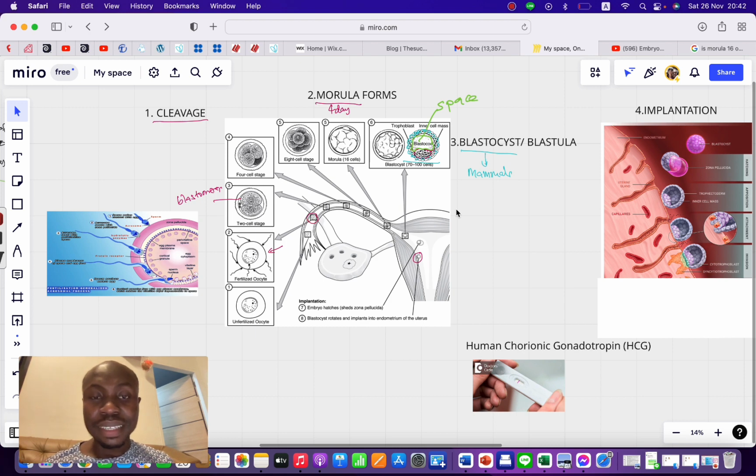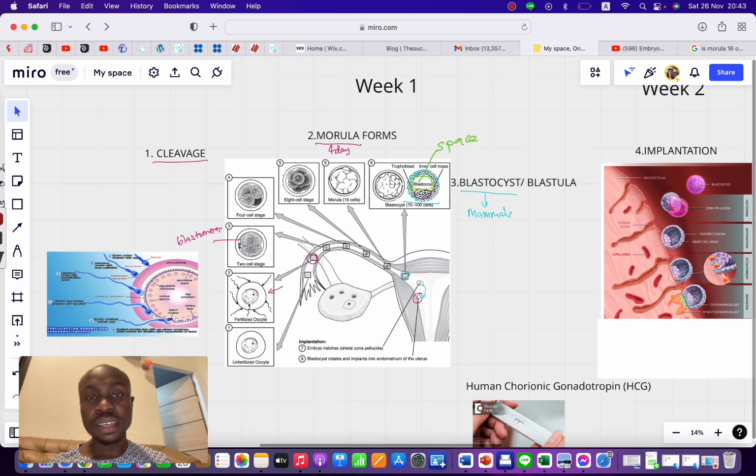Now, let's continue the story. We formed a morula. Now we have formed a blastocyst. So here is the blastocyst, and it is moving inside the uterus, and finally is going to go into the endometrium. Now all of these changes are going to happen in week number 1.